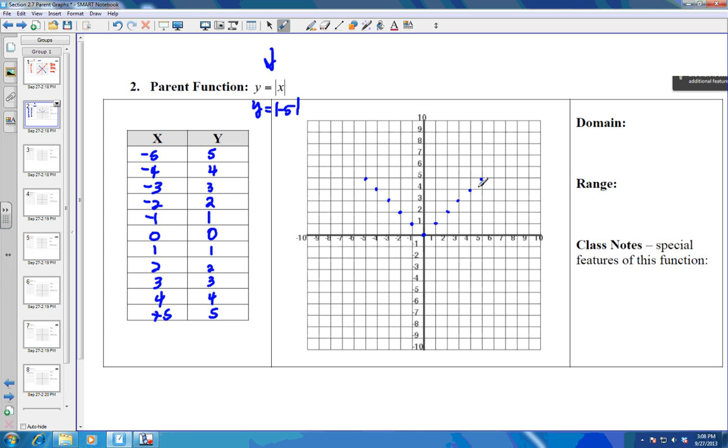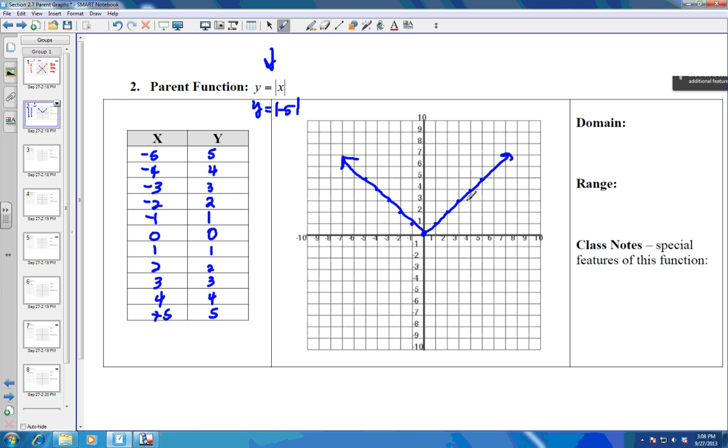And I graphed all of those. So when I connect these, here's the graph of y equals the absolute value of x. It's a v. We should all remember that. Always remember the absolute value of x is always that v. And remember, this is a sharp corner right here. You can't round it off.